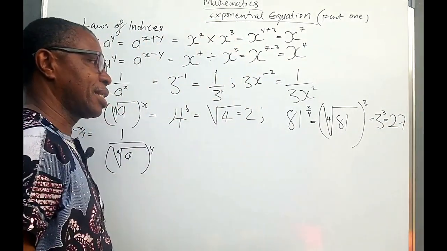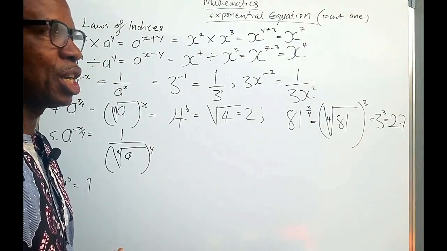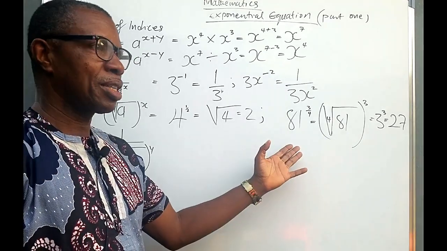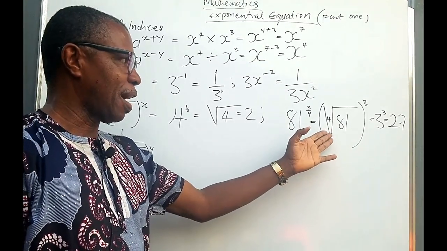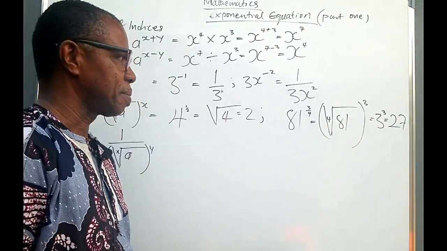Now remember that at this level of education, you don't need to bother your head too much. With a calculator, you can still just find the 4th root of 81 and it will give you the answer.